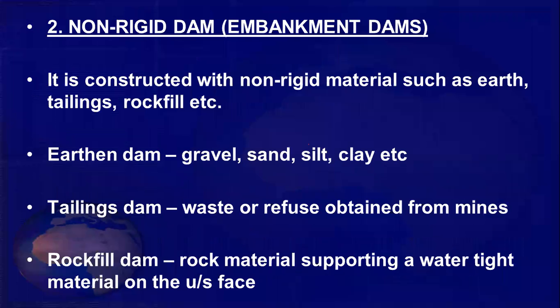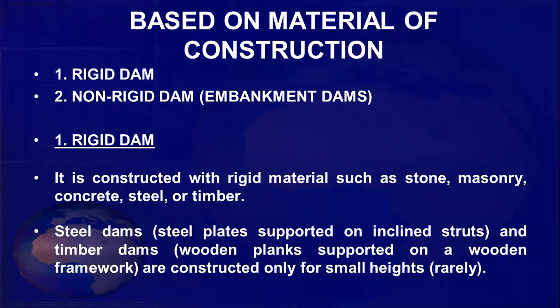While in non-rigid dams, you use gravel, sand, silt, clay. That is nothing but your non-rigid material. That is, the material is in pieces. Whereas in rigid dam, the material is in segments. Okay.